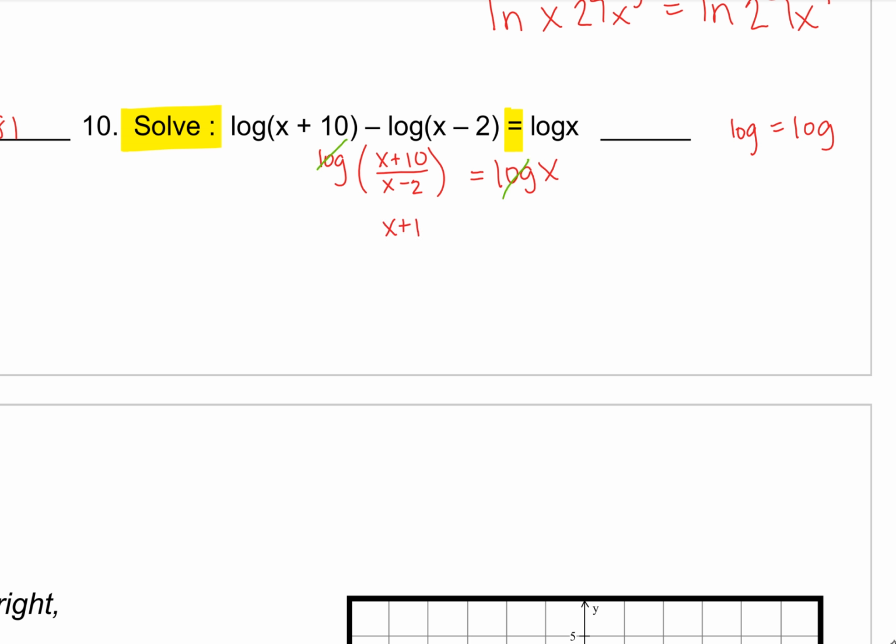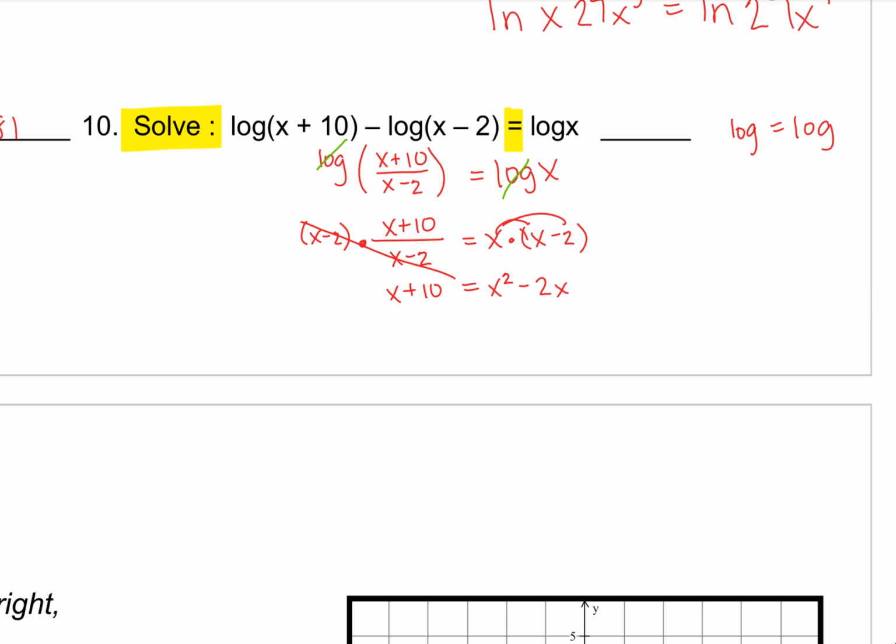So I have x plus 10 divided by x minus 2 is now equal to x. Remember, to move division, I have to multiply by x minus 2 on both sides. Remember to use your parentheses, so that's gone. I'm left with x plus 10 equals, I distribute to get x squared minus 2x.